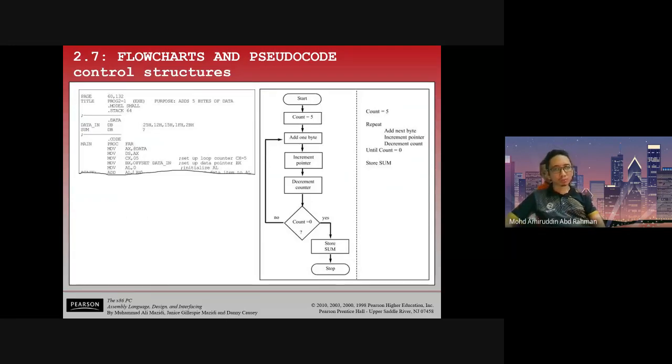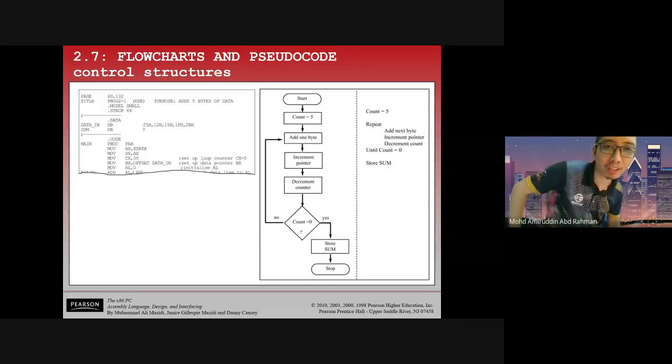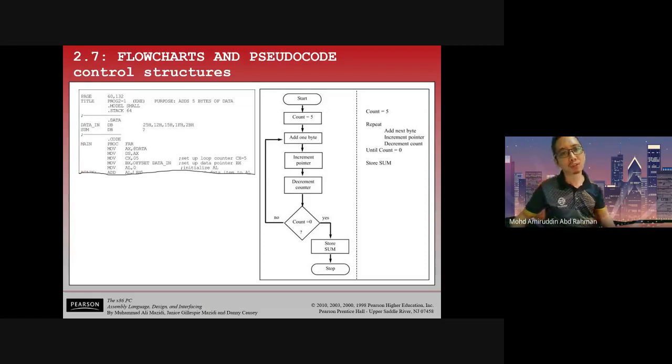Okay, so we have more. Let's say over here we want to start, okay, count 5, as we just did in our program just now. So this is our flowchart, right?